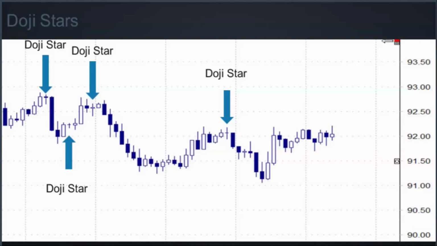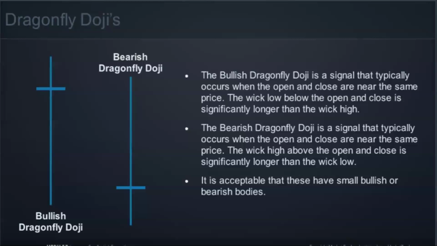So when you see them in the market, see those arrows that show you the doji star, they will not really move the market per se. Then we have a different type of doji. We have what we call the bearish dragonfly doji, and then we have the bullish dragonfly doji. Now, if you look at the shape of this doji, it looks like a cross.